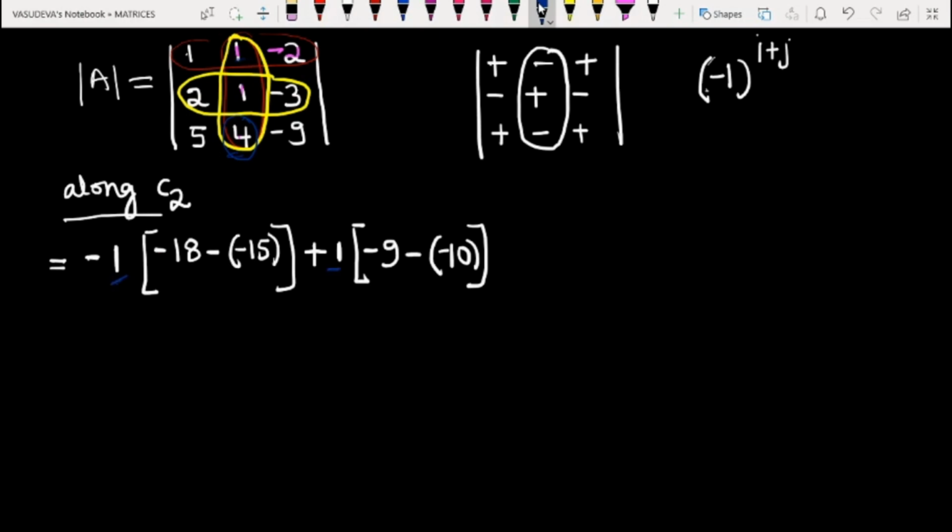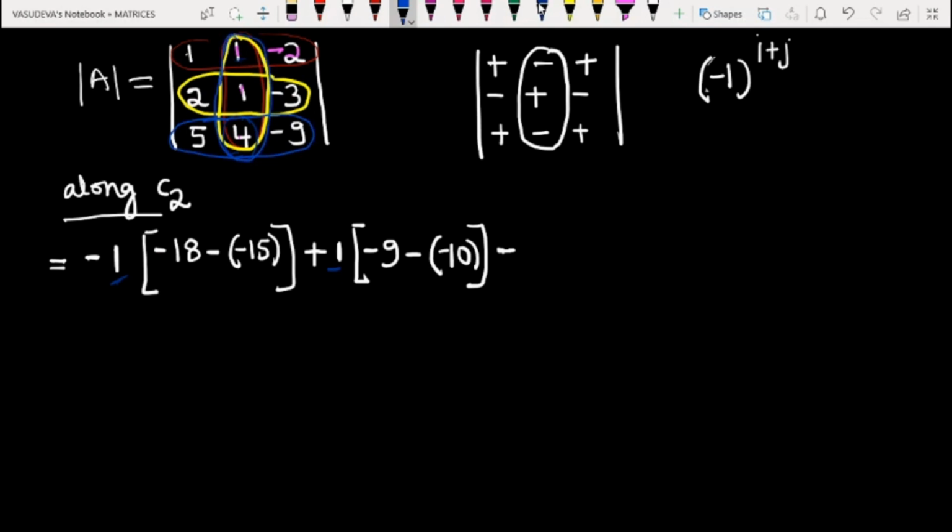So the next sign is minus, corresponding to 4 is minus, so minus 4 lies in the second column and the third row.